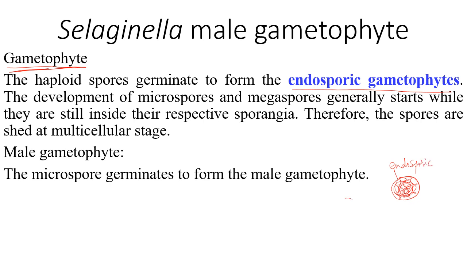But in some other pteridophytes, the spore germinates outside and gets enlarged. So when this big structure is formed, this is actually called exosporic. But in Selaginella, it is taking place inside the spore only, like this, and this is endosporic.